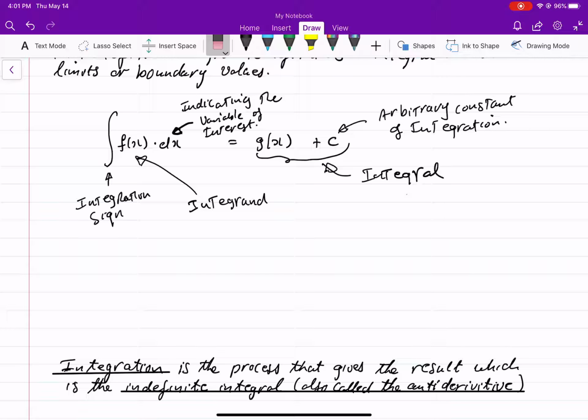And that c in there is an arbitrary constant of integration. You should always put it in there once you have an indefinite integral.